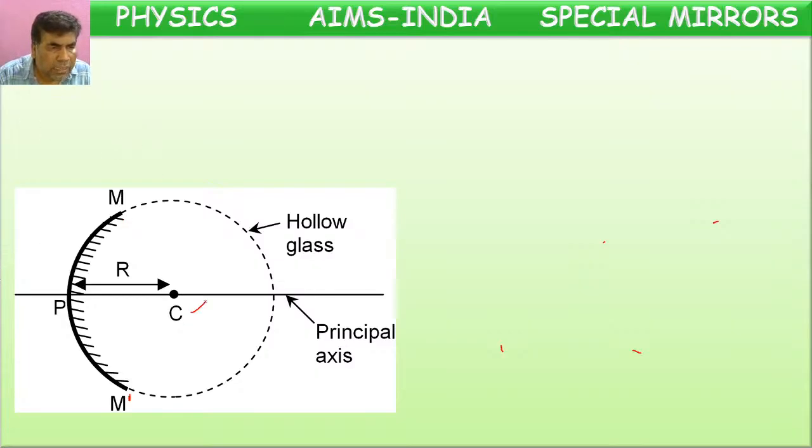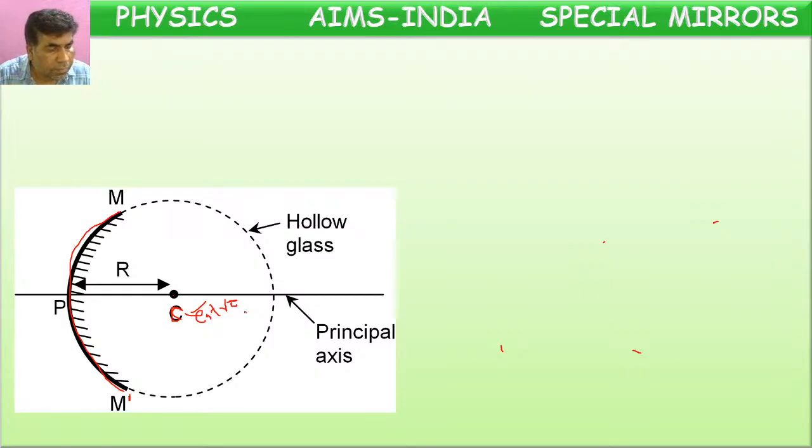C is the center of the complete sphere, of which the mirror is a part. So here C stands for center of curvature, of the sphere of which the mirror is a part.